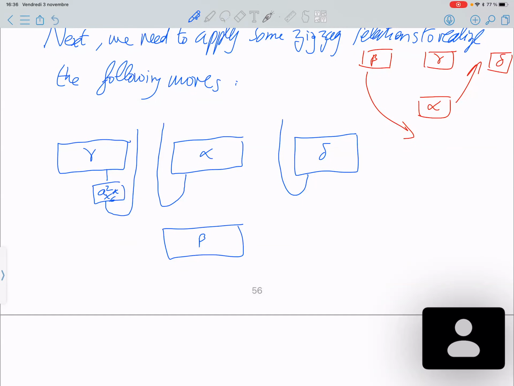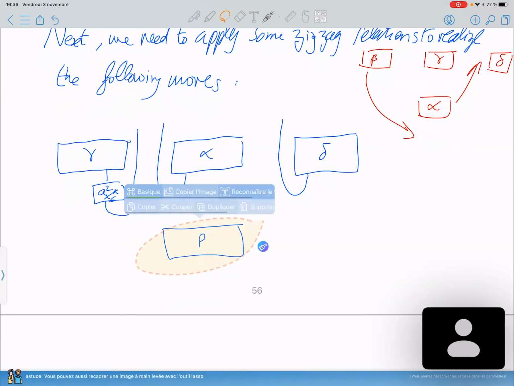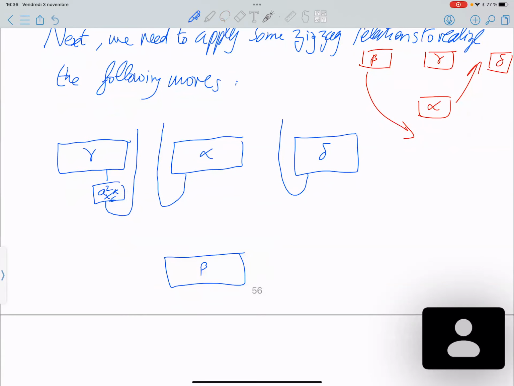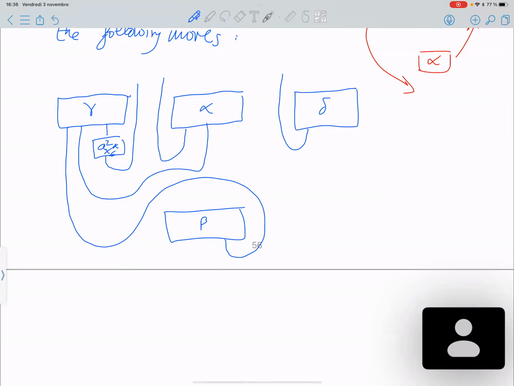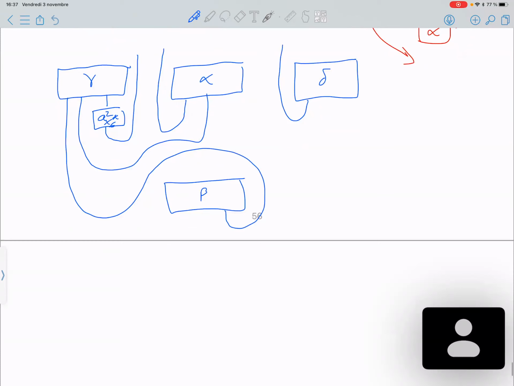So maybe I put the beta a little bit below. So that will go here. So the drawing is not very easy. Anyway, up to zigzag relation, you understand the principle. This one will move to here.